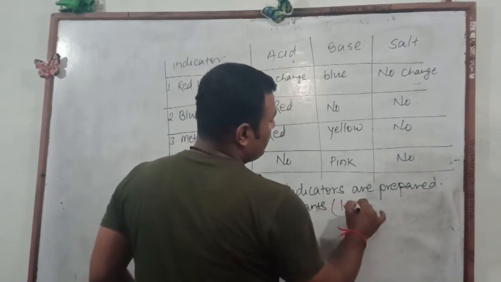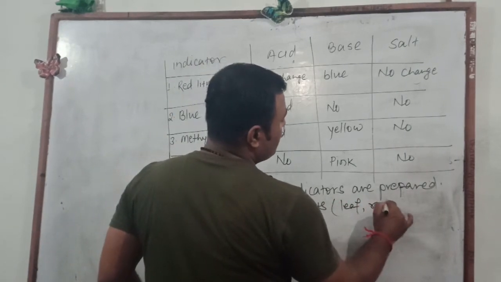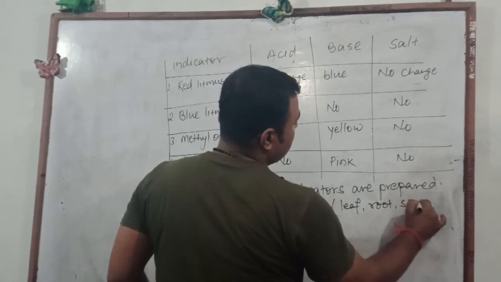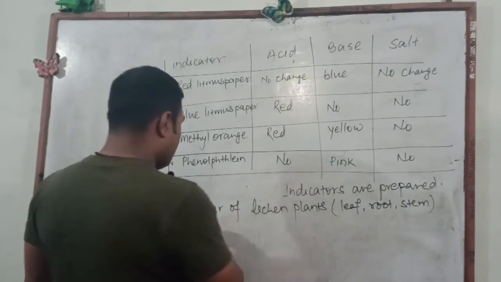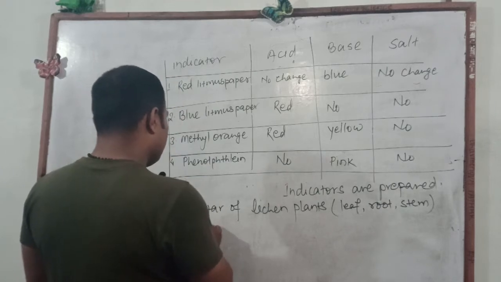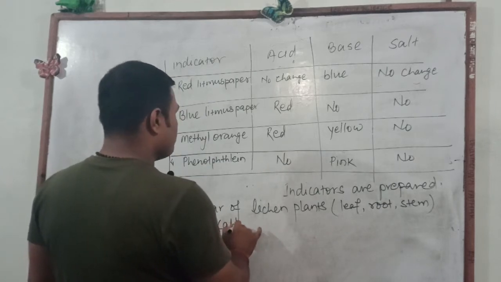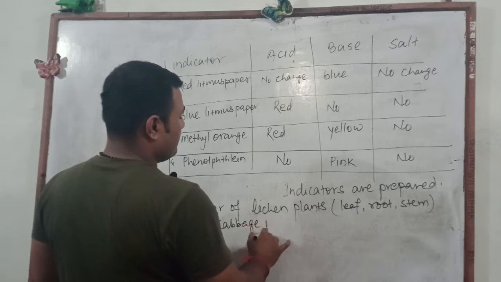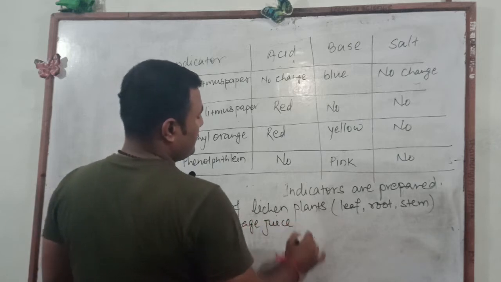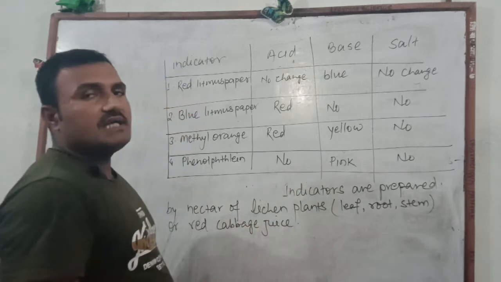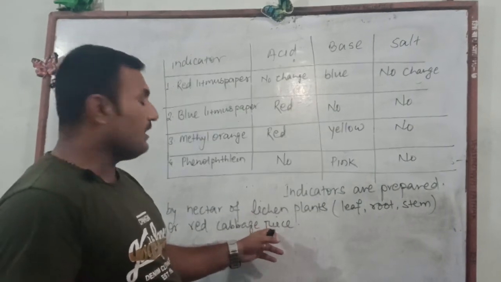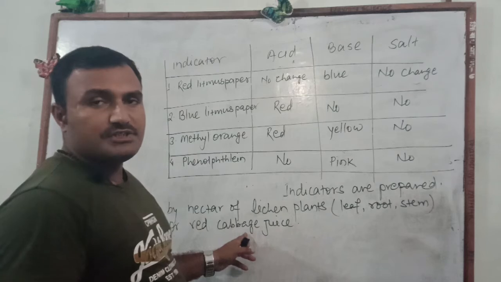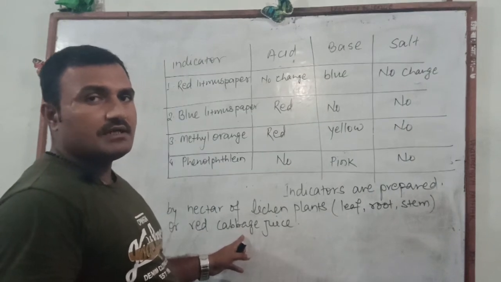Like the leaf, root, stem. Nectar is collected and mixed, or red cabbage juice. Listen, so these nectars are used, or simply red cabbage juice is also used as an indicator.